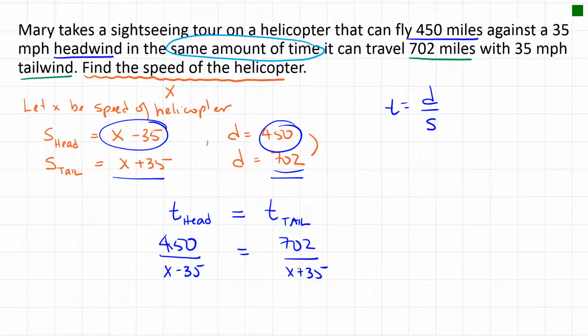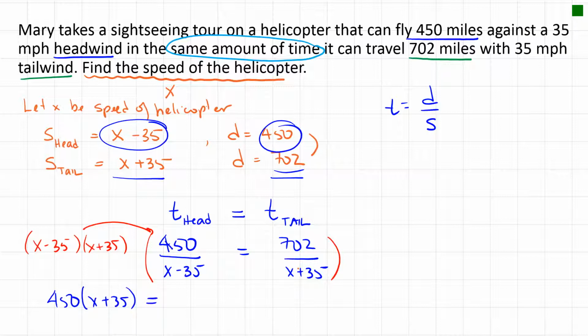So I'm going to clear the fraction by multiplying everything by the lowest common denominator, which is x minus 35 times x plus 35. When I multiply it on the left side of the equation, it leaves me with 450 times x plus 35, and on the right side of the equation, it's 702 times x minus 35.